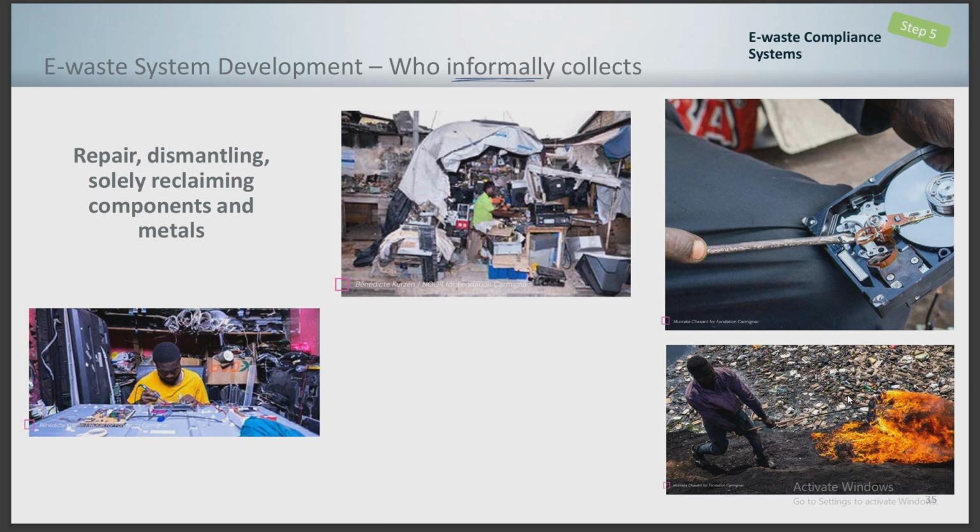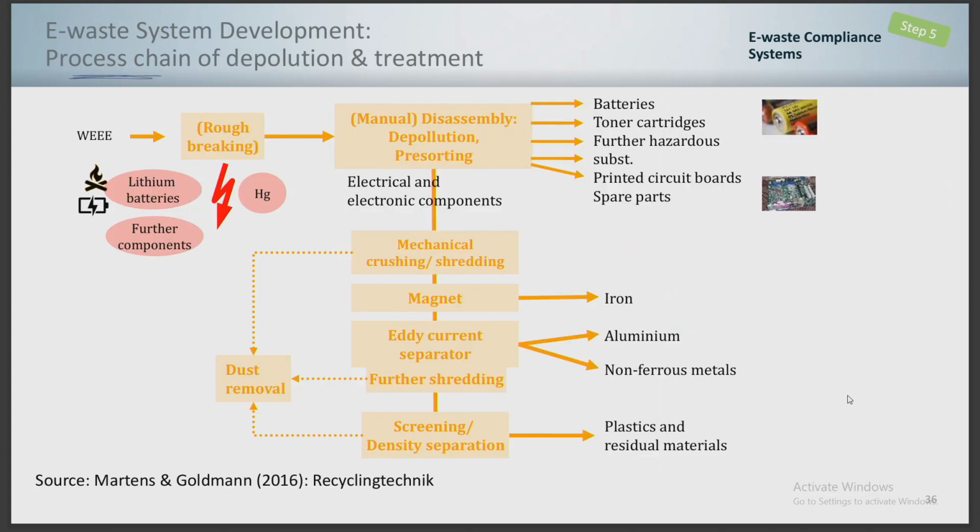So I think these informal collectors can still collect this type of waste if they hand it over to a formalized recycler, which would then manually dismantle hazardous substances, such as the toner cartridge or the batteries, or any other parts which may be hazardous, which have to go to specialized treatment facilities.